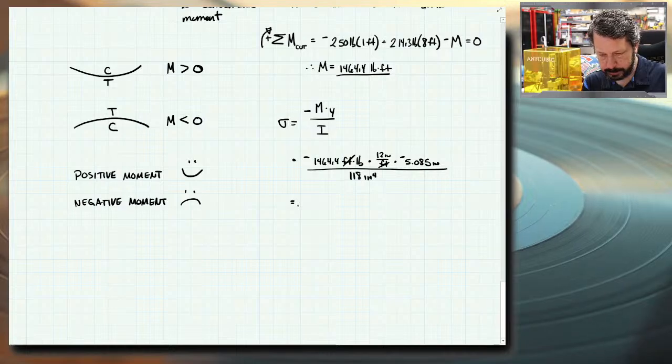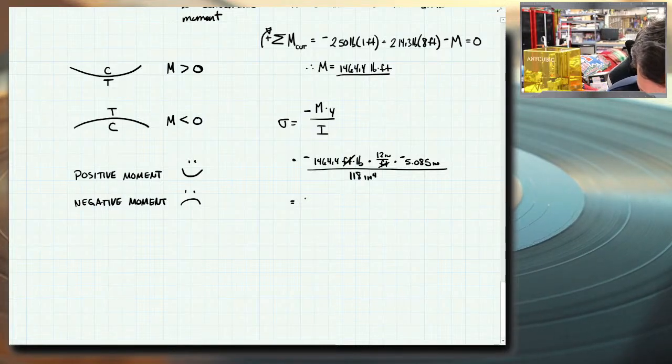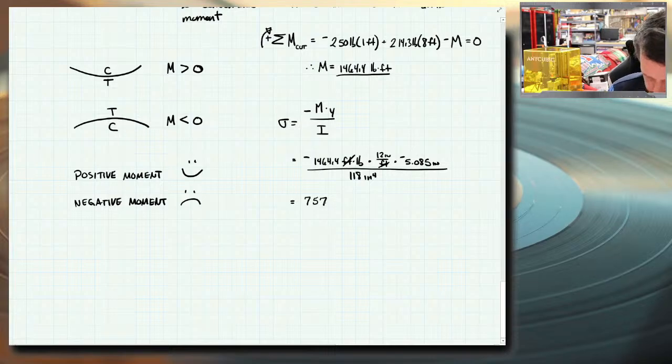1464.4 times 12 times negative 5.085, but I have that other negative so that it becomes positive, divided by 118. 757.3 psi. So 0.76 ksi.